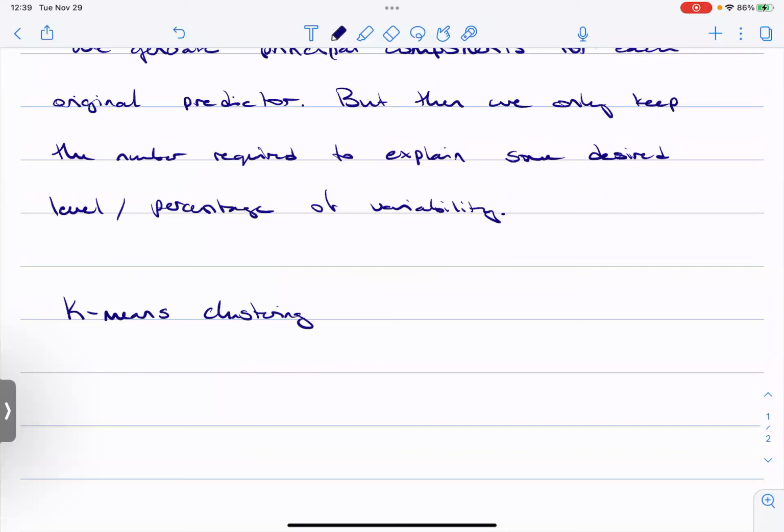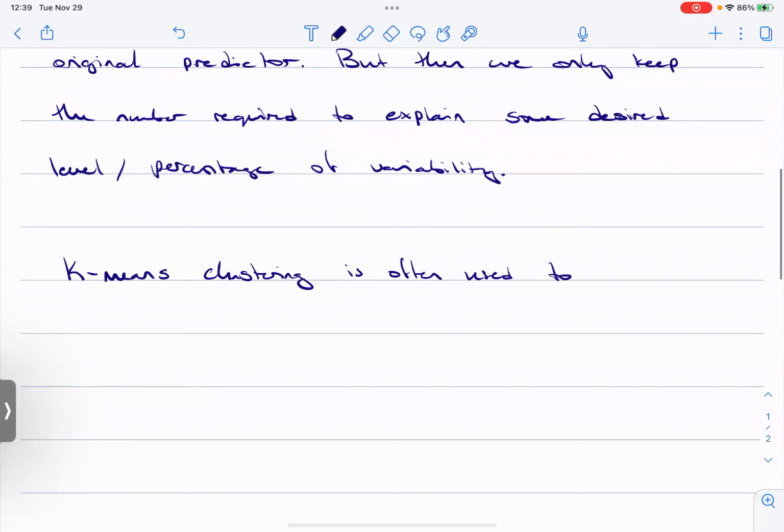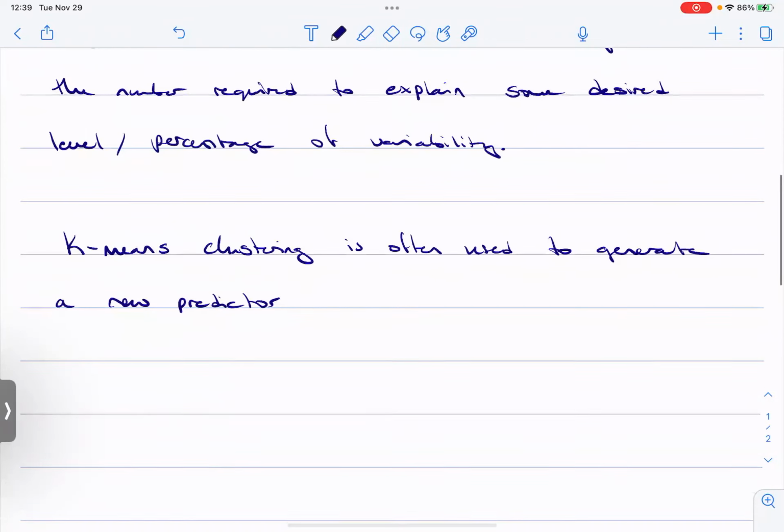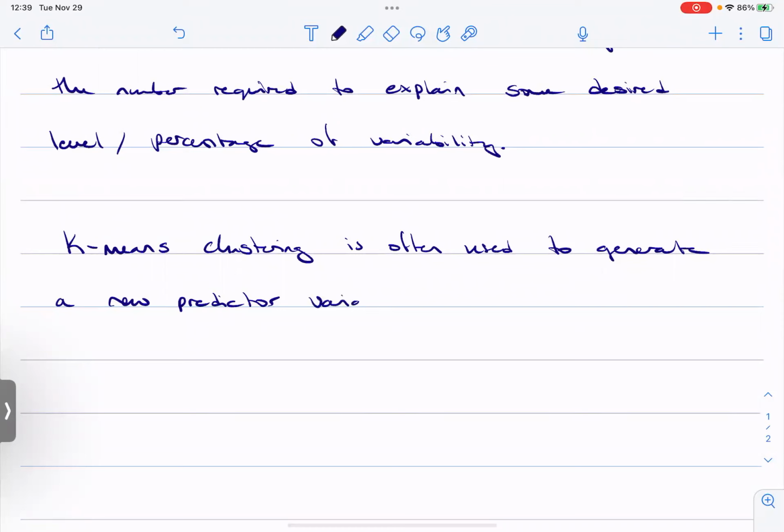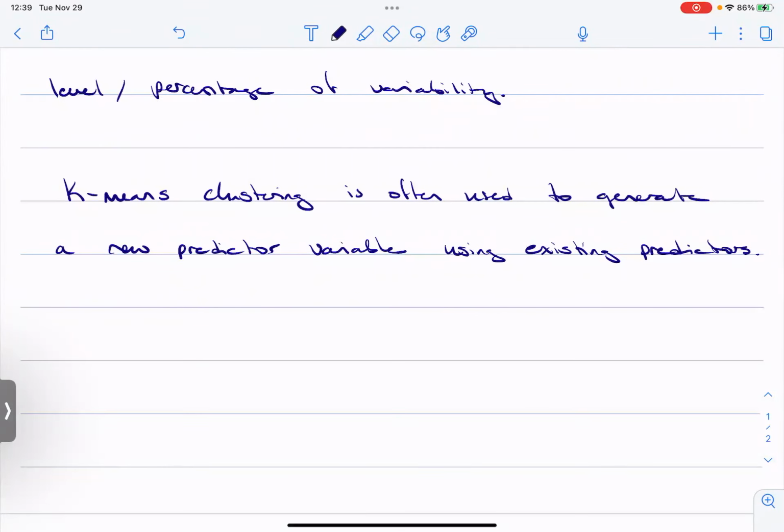So k-means clustering is often used to generate a new predictor variable, let's specify, using existing predictors. That's kind of where we got to last day.